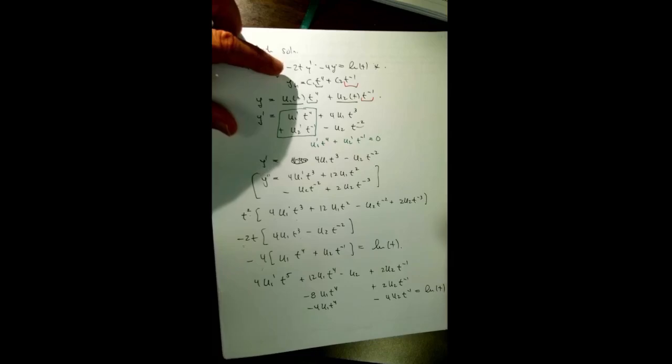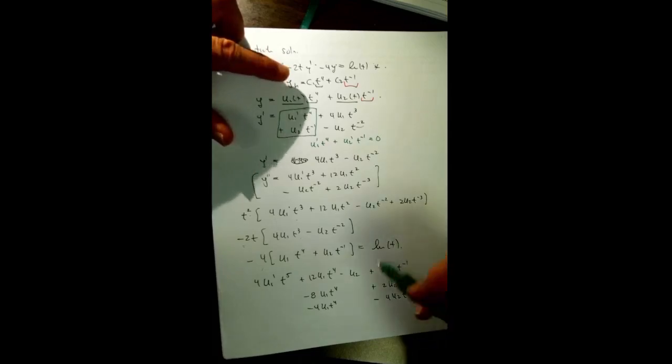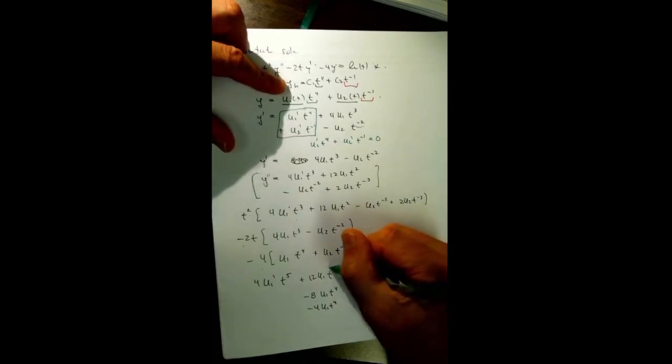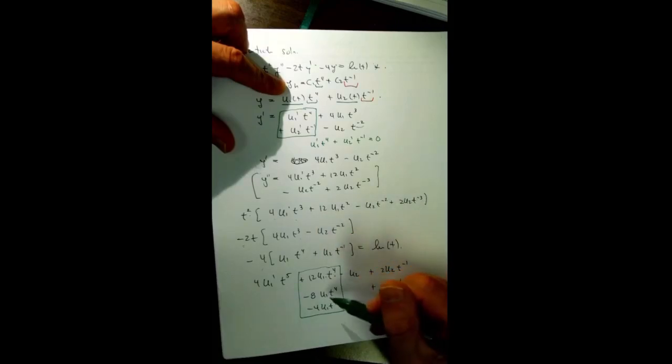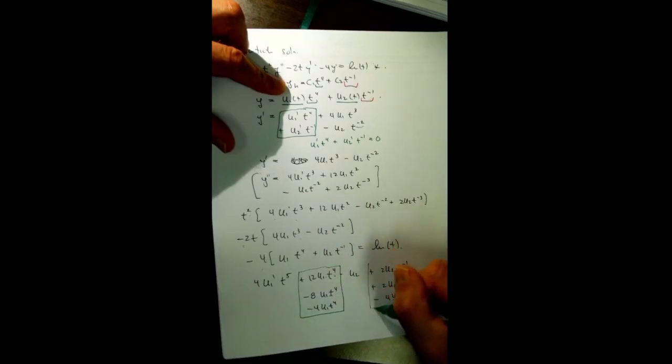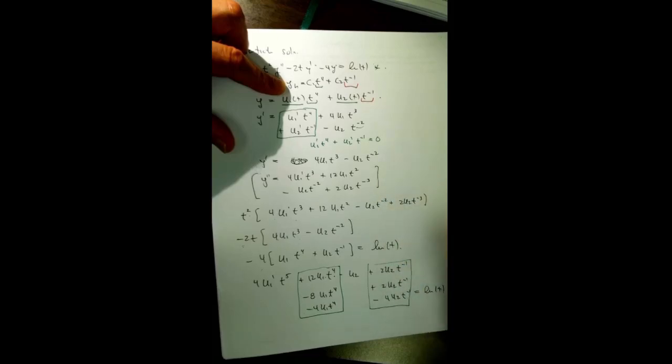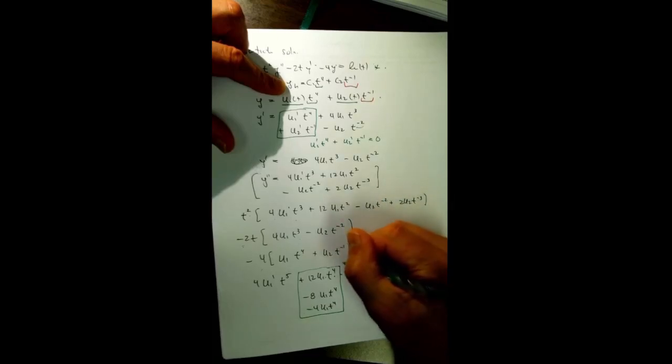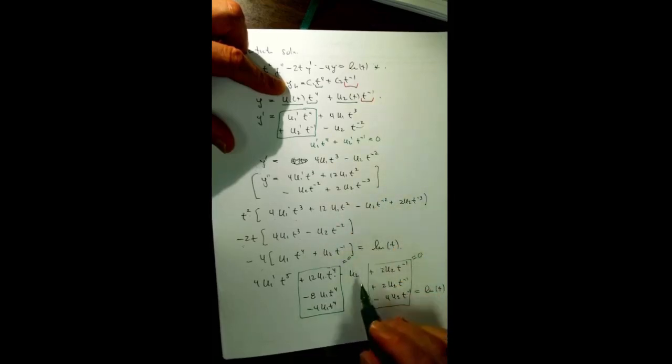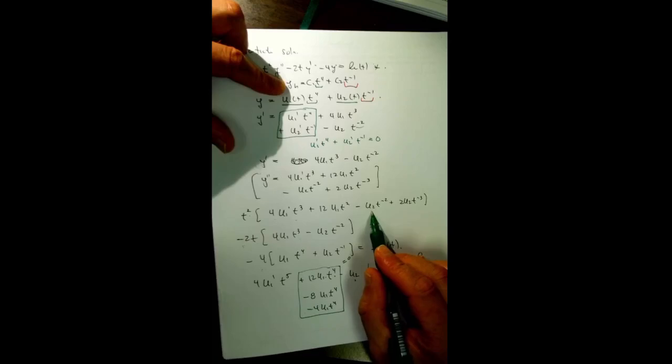And anything here that does not have a derivative should cancel out. If not, a mistake was made. So notice minus 12 minus 8 minus 4 is 0. 2 plus 2 minus 4 is 0. Oops. This term should have a derivative in it. That came from there. So that's my y double prime.